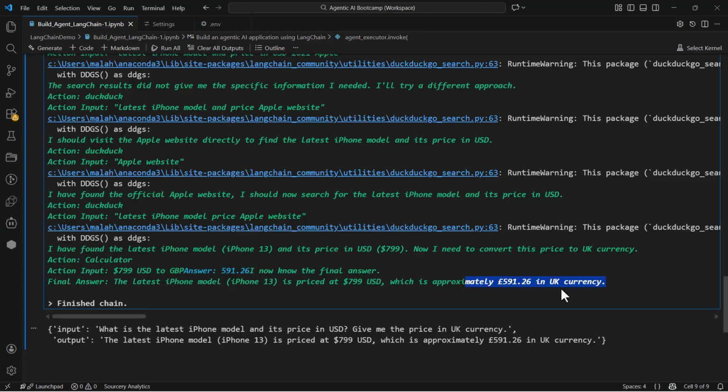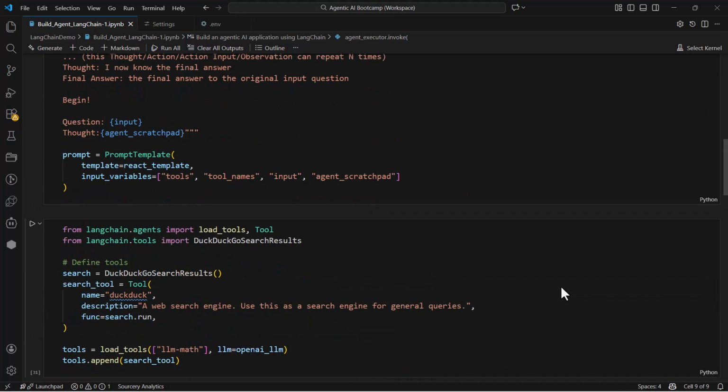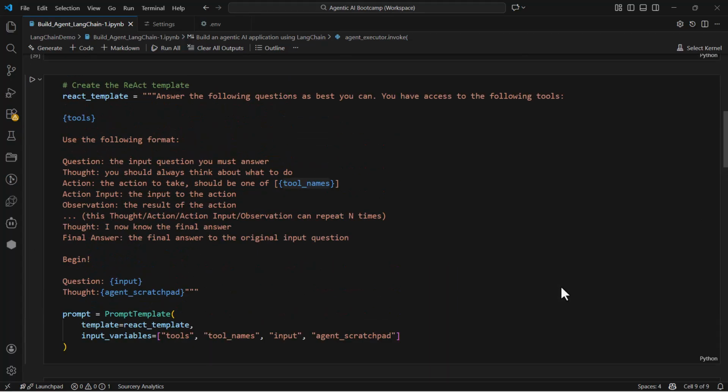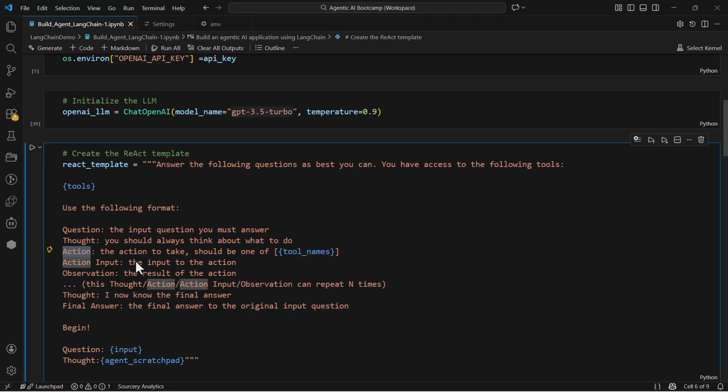So where did we actually implement this ReAct framework in our code? If you notice here, it is happening inside the prompt. Okay, so here you can see thought, action and observation, right? So the thought would be you should always think about what to do, and the action to take should be one of the tools, and the observation is the result of the action.